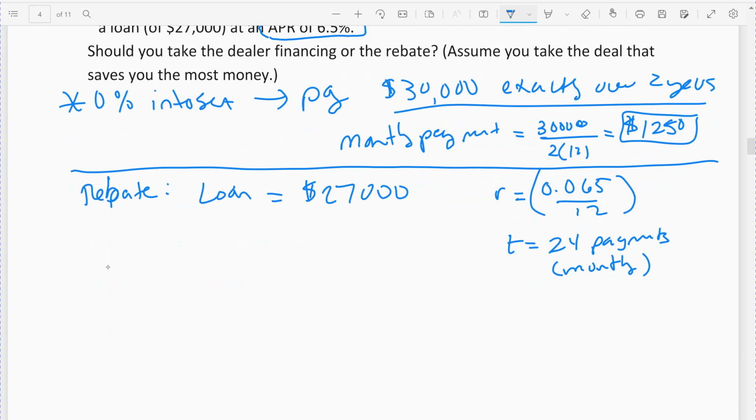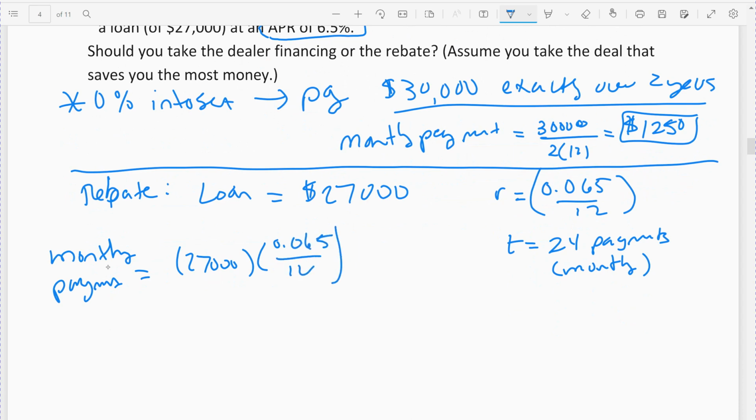So the first thing we're going to do is figure out the monthly payments, because I have to figure out monthly payments before I can figure out how much you're actually going to pay back. So it's the loan, $27,000, times your R, which you leave exact. Make sure you put parentheses around it: 0.065 divided by 12.